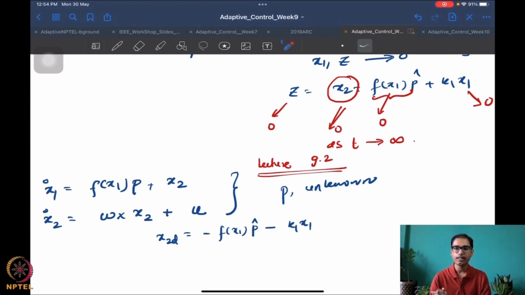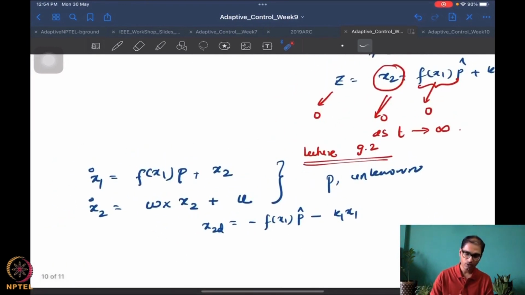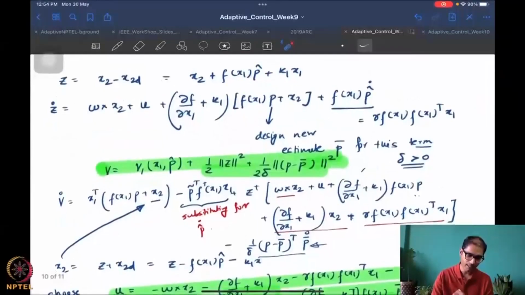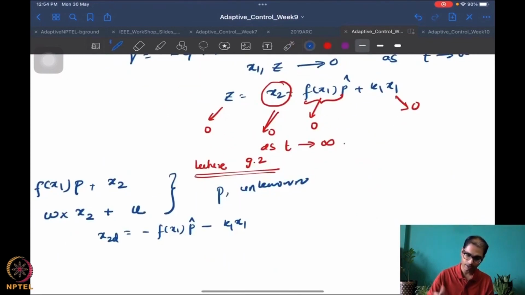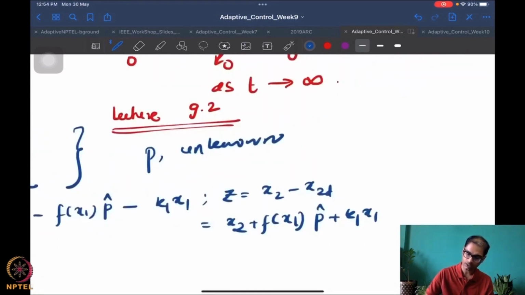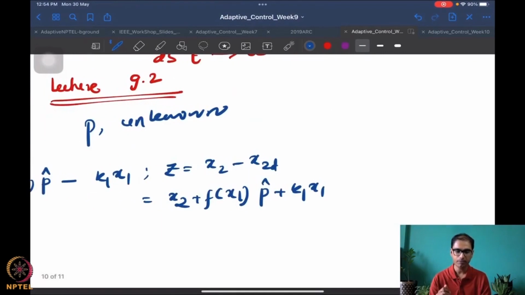We are not going to do Lyapunov analysis to come up with a p hat dot yet. Instead, we define the z again exactly in the same way. So that's what I will do next. I will declare the z as x2 minus x2 desired, which is actually equal to x2 plus f(x1) p cap plus k1 x1, right? So this is exactly the same as before.